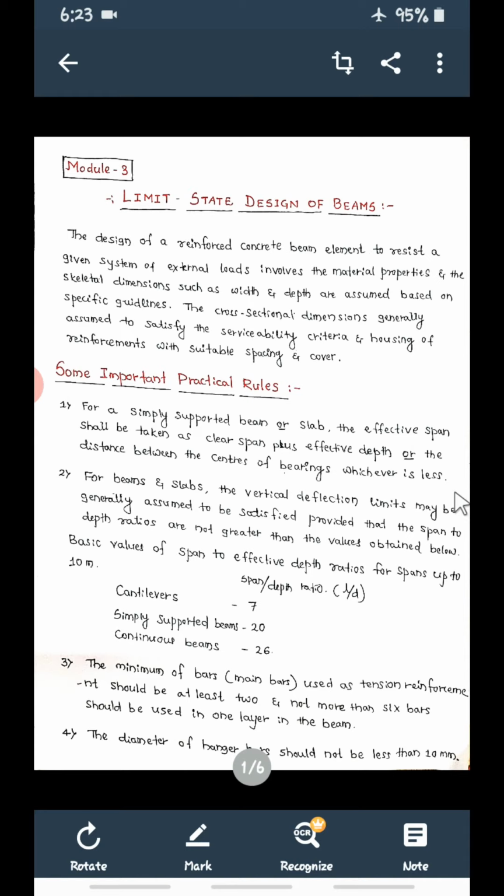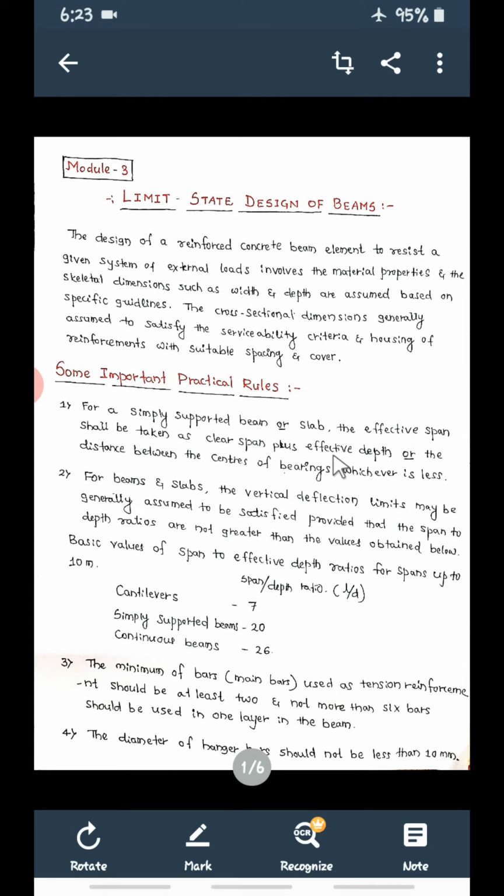So two criteria you have to consider for effective span. Effective span is equal to clear span plus effective depth of the beam, that gives one effective span. The second option is the distance between the centers of bearings. Bearings are nothing but the supports, so the center of one support to the center of another support is the span.